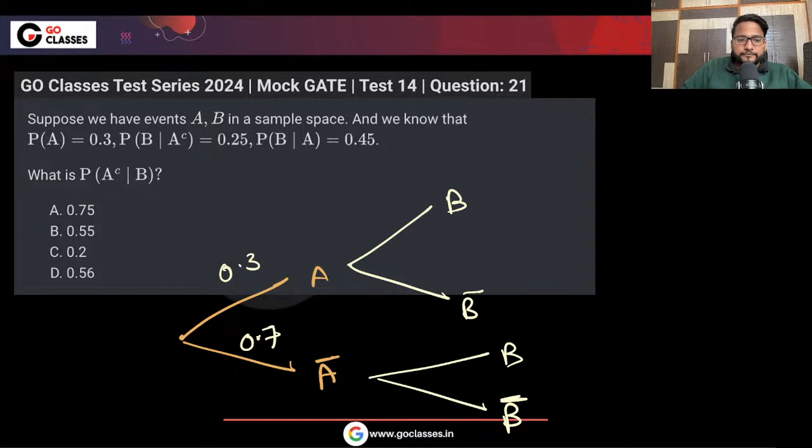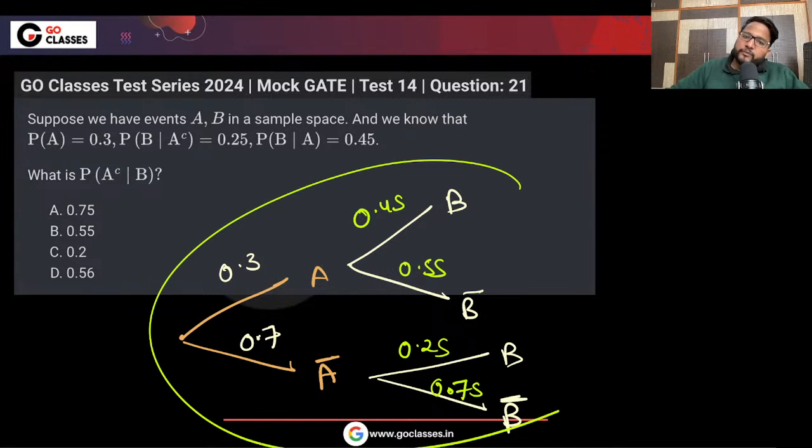Now this probability is given to you as 0.45, so it will automatically be 0.55, because given A, the probability of B is given. Given A complement, the probability of B is 0.25, so this probability is 0.75. So these probabilities are given to you.